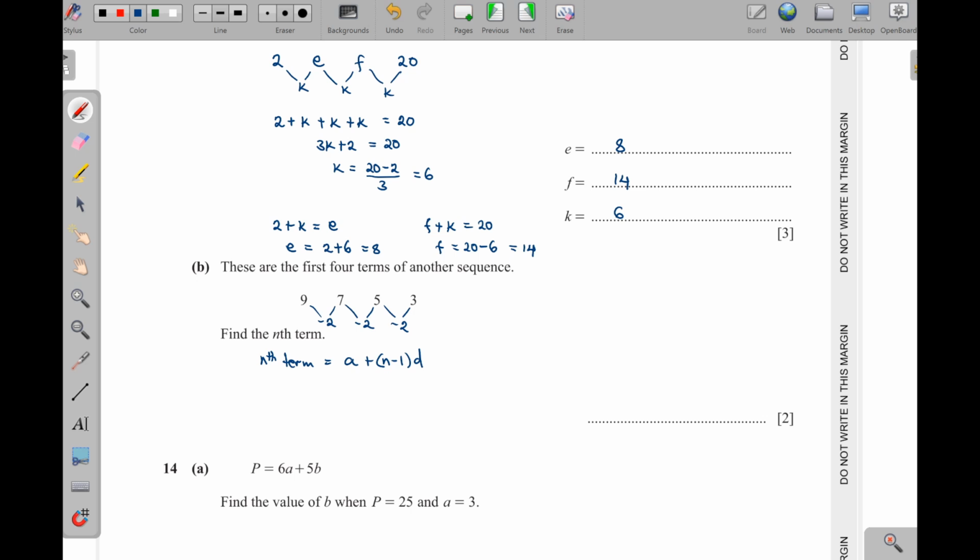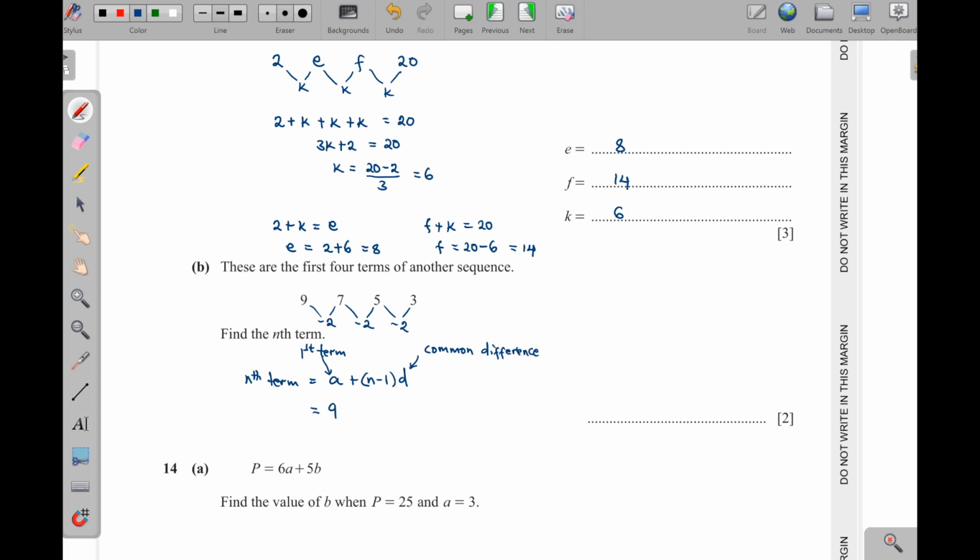This is the general expression for the nth term of a linear sequence, where A here is the first term, and then D here is what we call the common difference or the term-to-term rule. So the term-to-term rule, they are subtracting a 2.